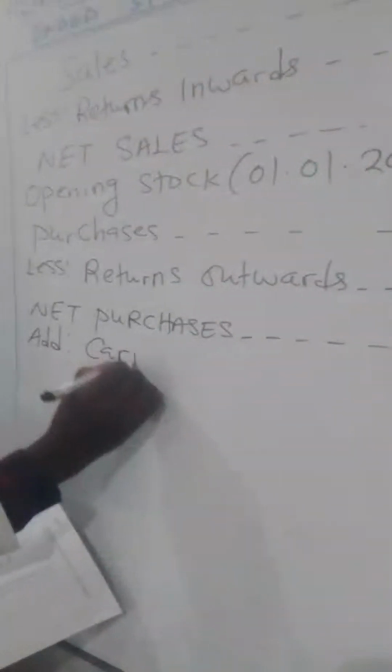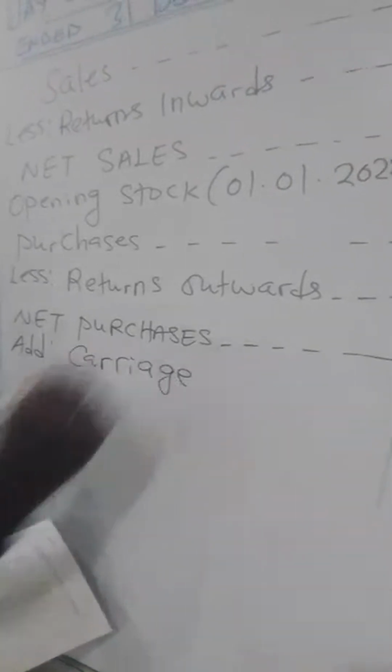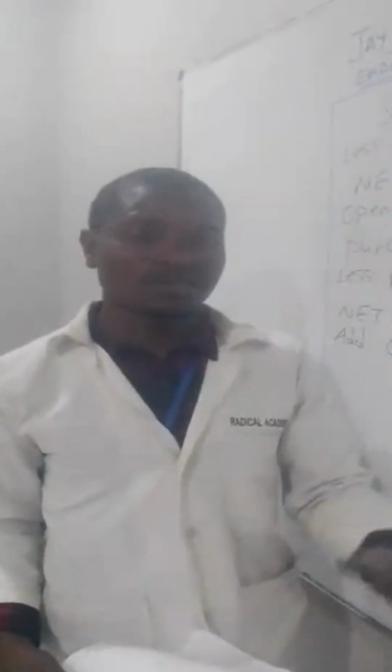So from there, you're going now to add what we call carriage inward. For the carriage inward, this is the cost that has been given to you by the suppliers.